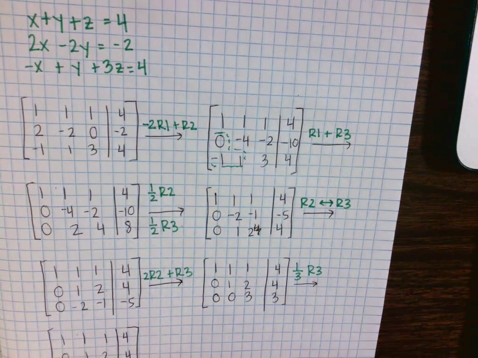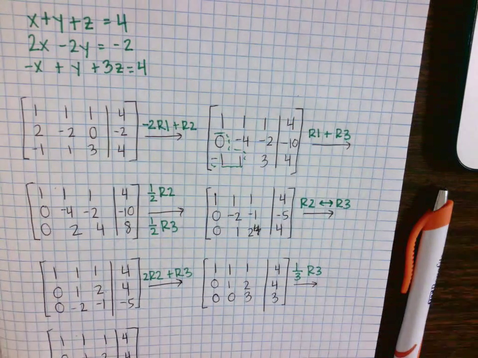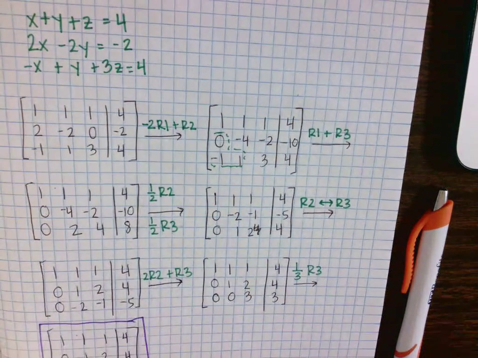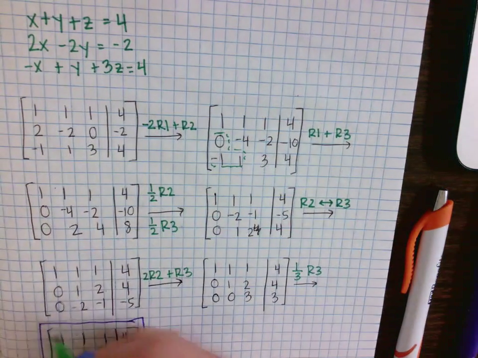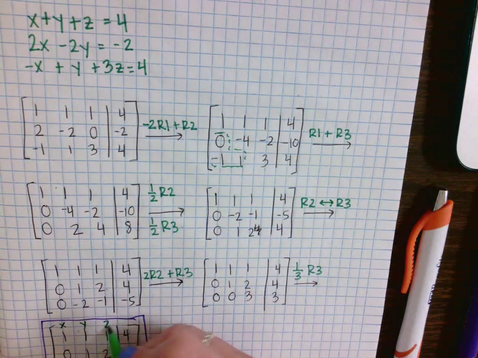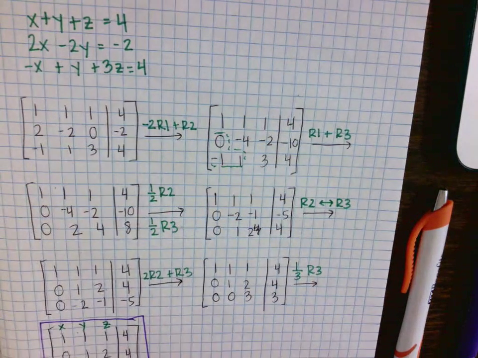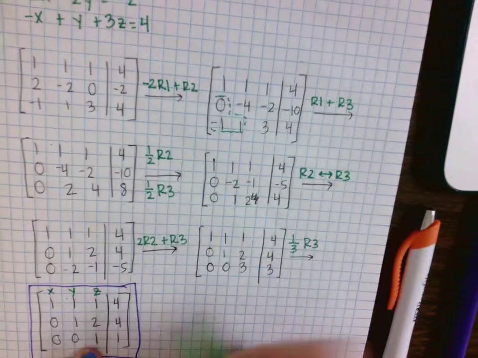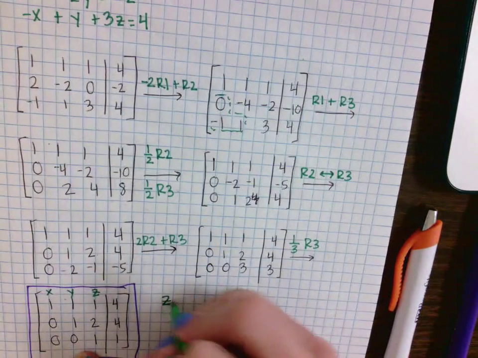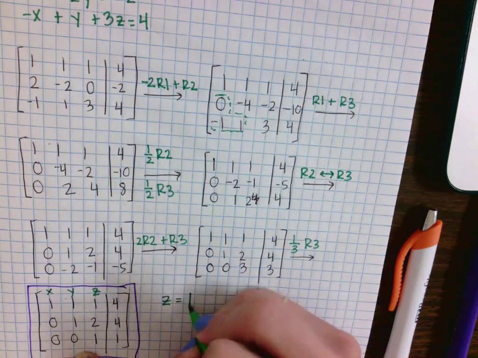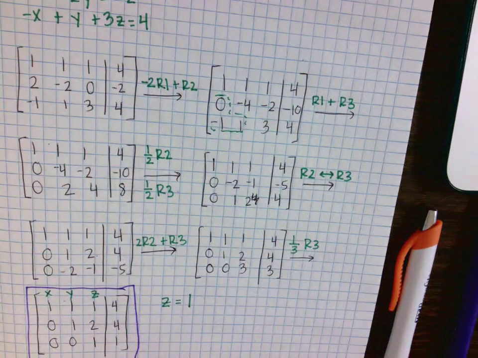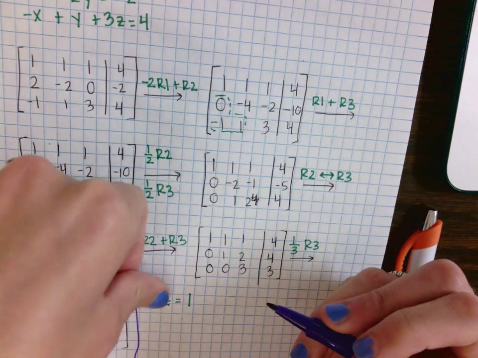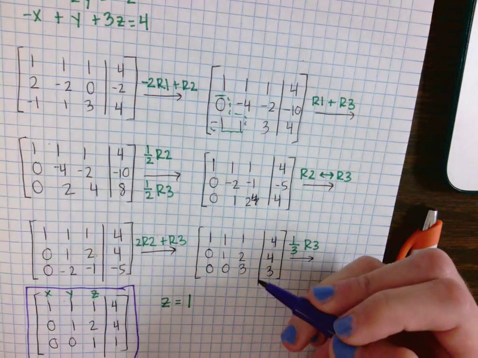Once we get to this point, this is what we want, because this is x, this is y, and this is z. So from here, you know that there is one z, and that z is equal to 1. Now you have one of your values.